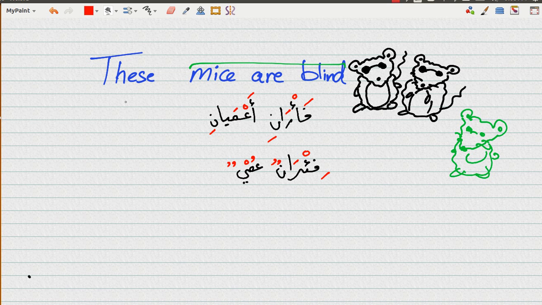So translation of these mice are blind depends on the actual thing that's happening. Are they two mice or are they more?